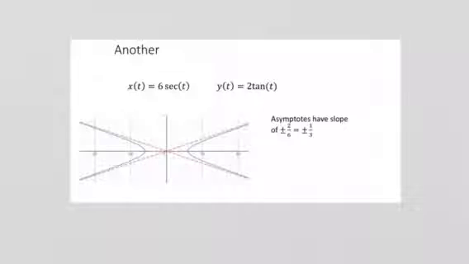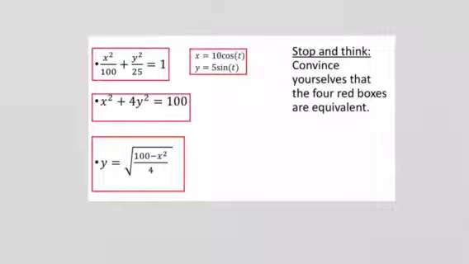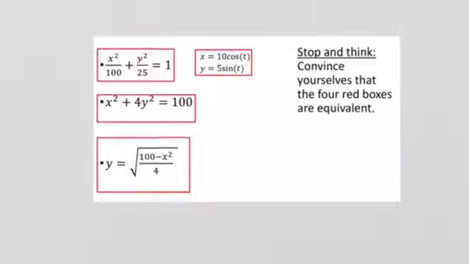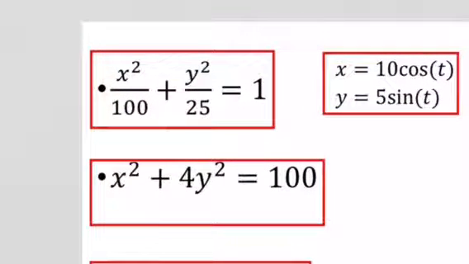All right, so stop and think. We have 4 different versions of the same curve, and I want you to convince yourself that all 4 of these red boxes represent the same curve. So we can start with this one.